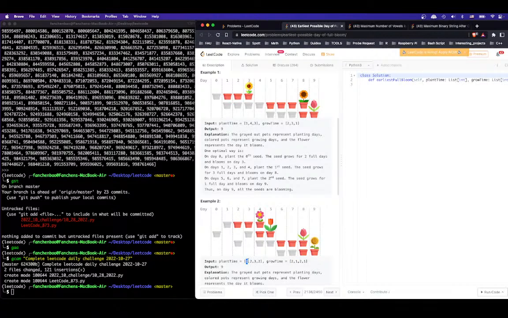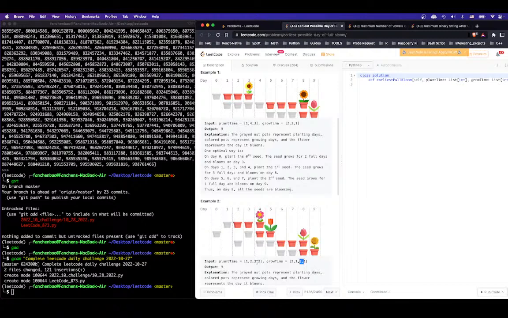So we can do this, right? And then we can have 2 bloom days. And then we want this. So it's a 3. Right? So we can work for 3 days and then bloom 2, work 2, and then bloom. Then we have 2 1s.